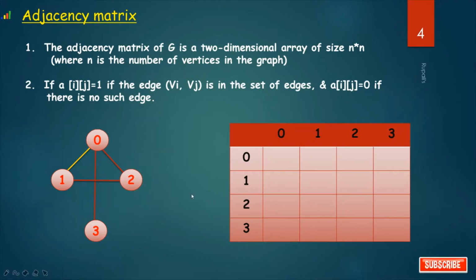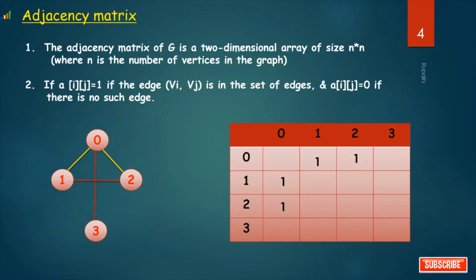Next I consider 0 to 2 and 2 to 0. This place you have to write 1, and for 2 to 0, this place you have to write 1.